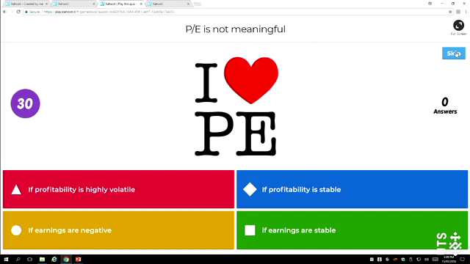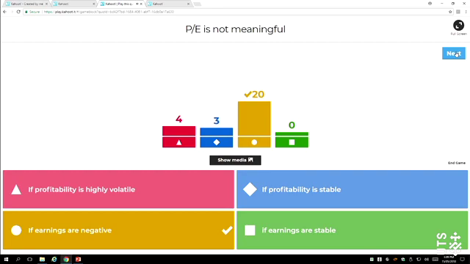That's a very harsh statement. Yeah, so same case, just a different way of looking at the same thing. If earnings are negative, what we get from price earnings is not meaningful.